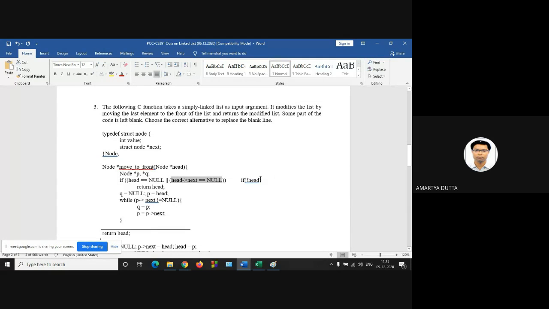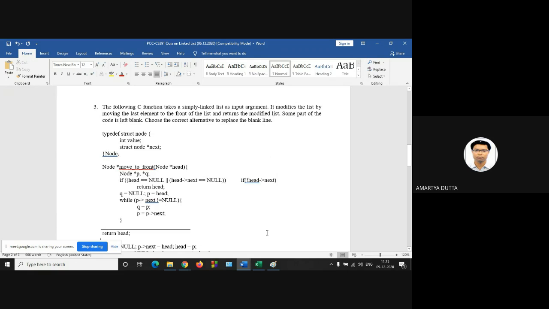So it should be written in this form. Second part: if not head next, this is equivalent to head next is equal to null. Is it clear? Please clarify.